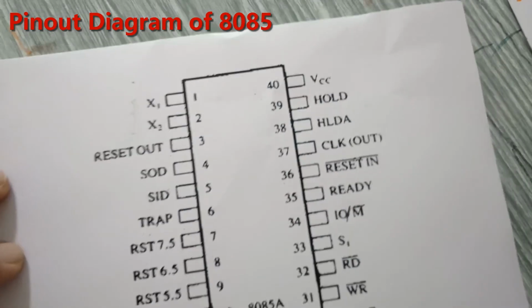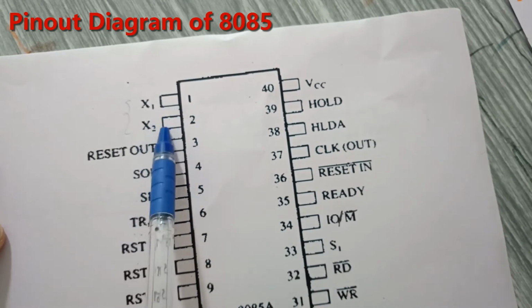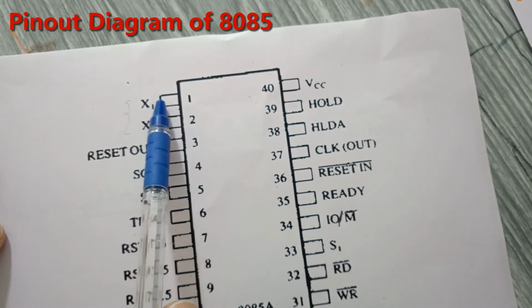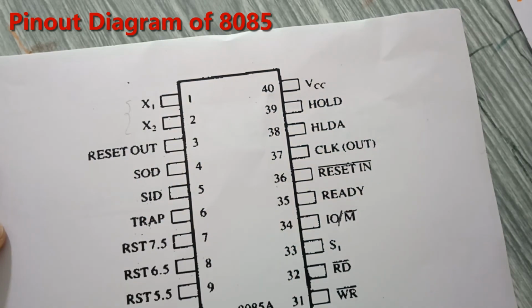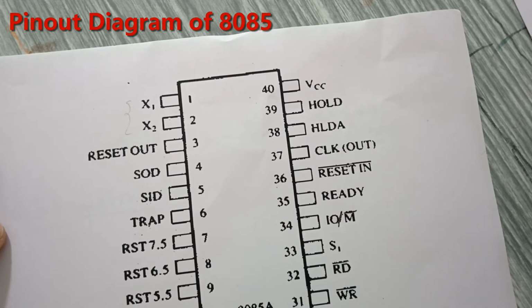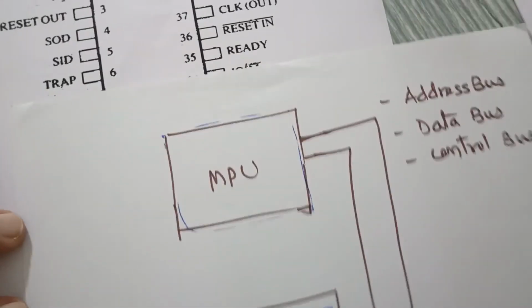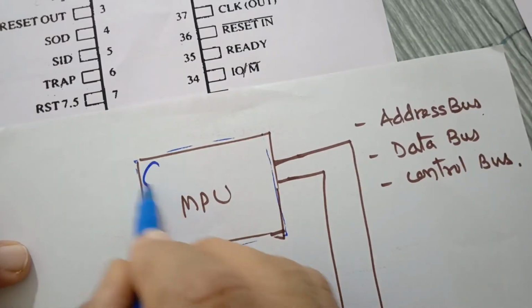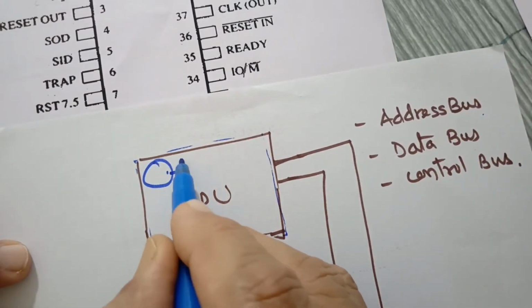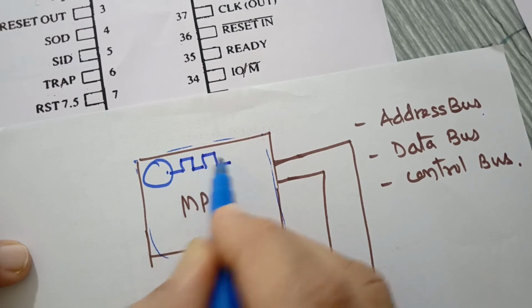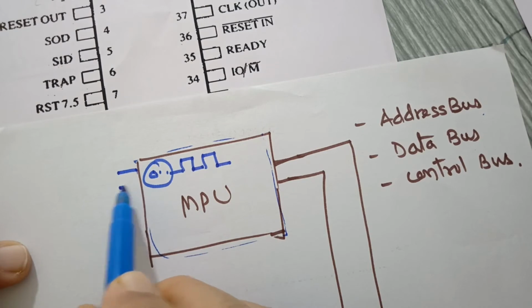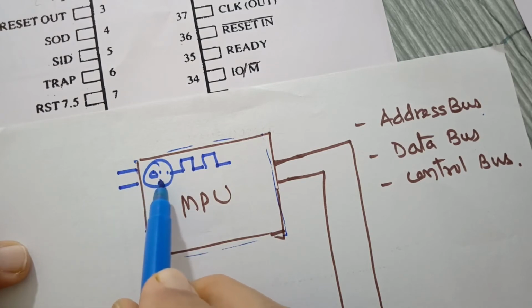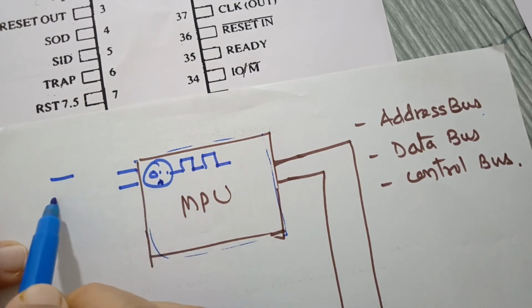Let us consider pin numbers 1 and 2, X1 and X2. It is at these two pins that we connect a quartz crystal. The microprocessor has an internal oscillator, which gives clock pulses, as we have just seen. In order to decide its frequency, we need to connect a quartz crystal.